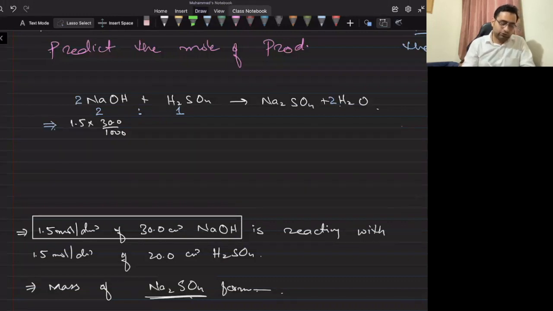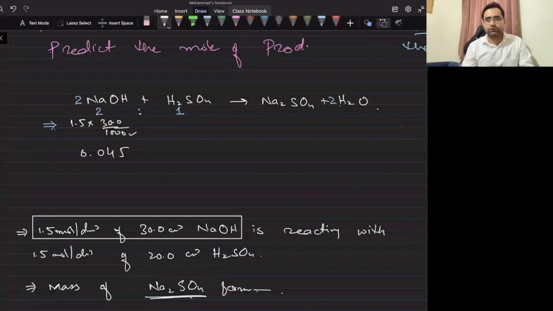So number of mole for NaOH is 0.045. Marco, you have to convert this cm cube into dm cube. So that's why you have to divide 1.5 into 30 over 1000.